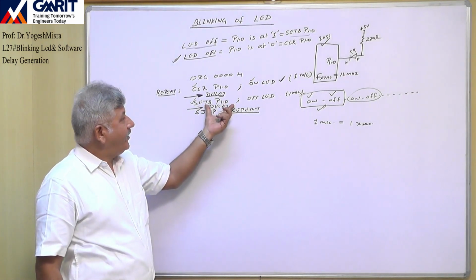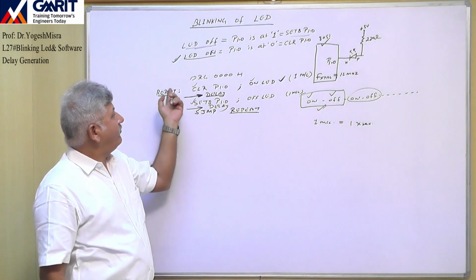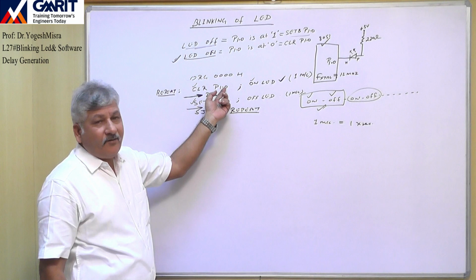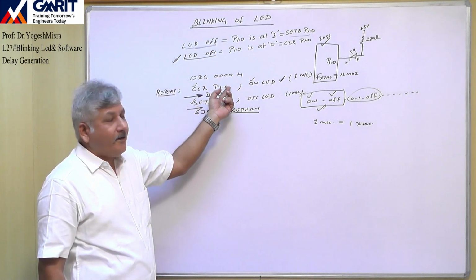And after the delay, the program will go back to the repeat label, and again this instruction will be executed. It will make the LED on.